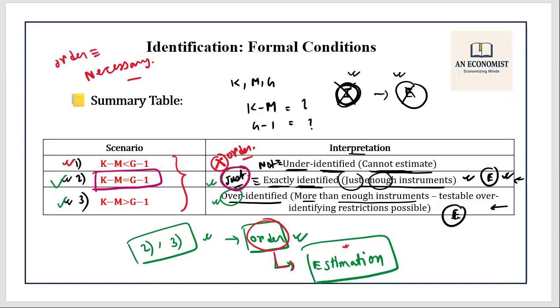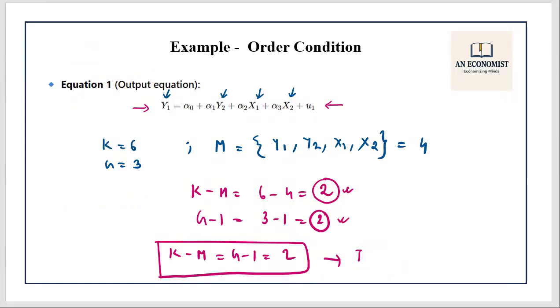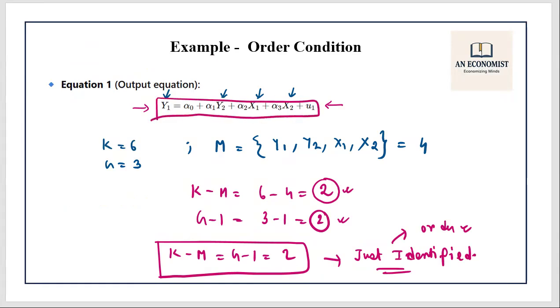So that is the conclusion for the first equation: the first equation will be just identified. Hence, if it is just identified, we will say the order condition is satisfied, and then we will say the first equation qualifies for estimation, right? The first equation is eligible to go for the estimation purpose.